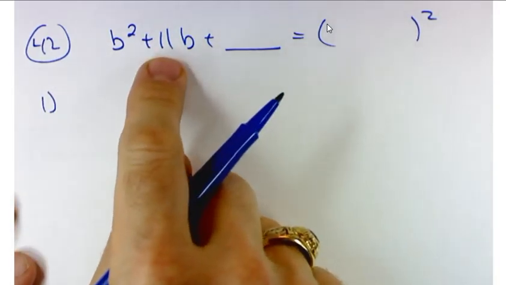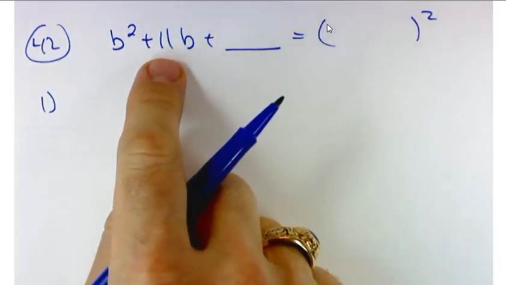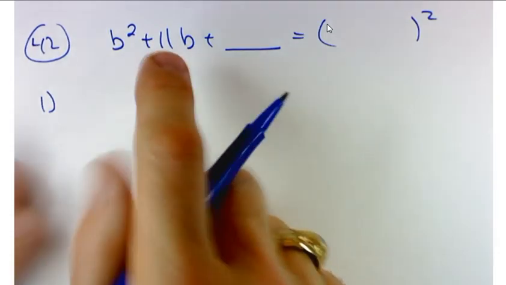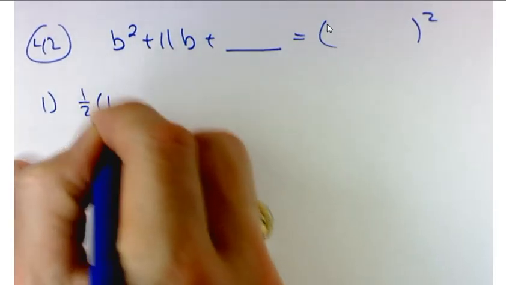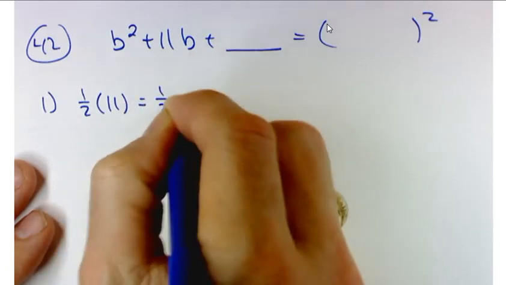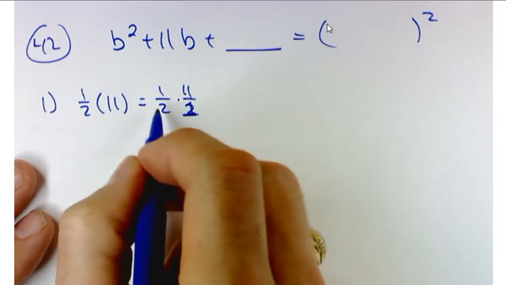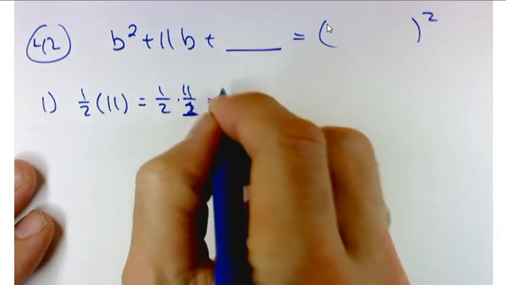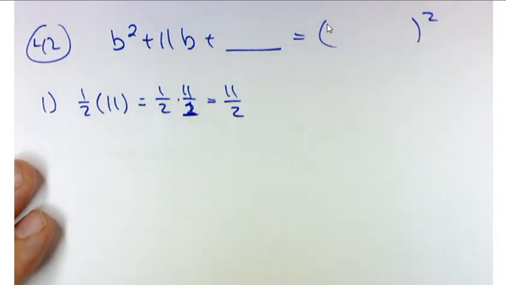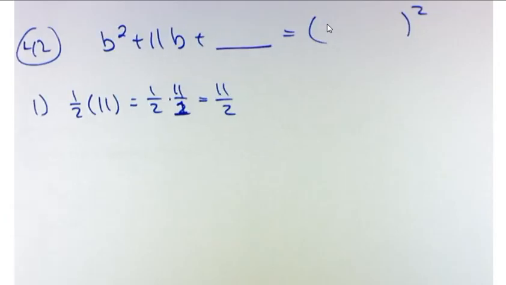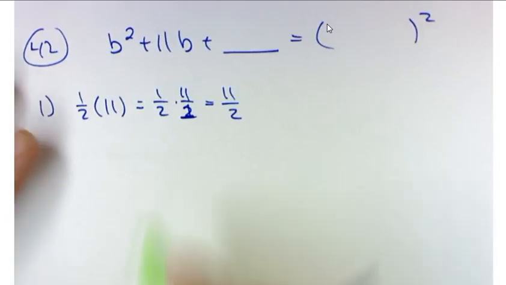The first step, as Norman carefully explained to us, was to multiply the middle coefficient by 1/2. 1/2 times 11. I can think of that as 1/2 times 11 over 1, or better yet, I'll get 11 over 2.